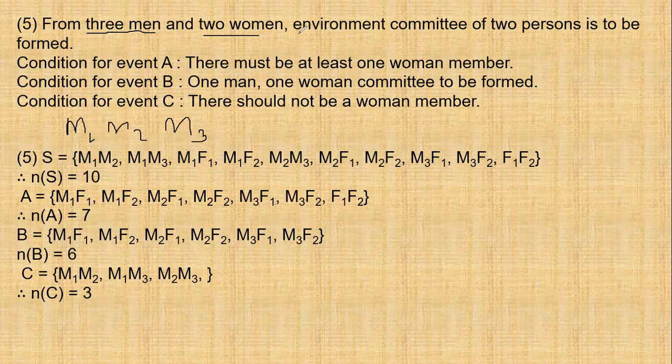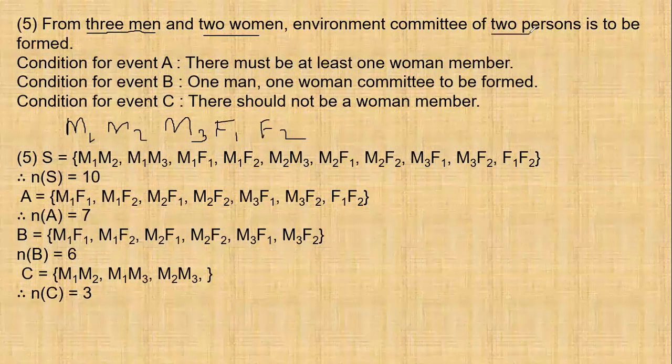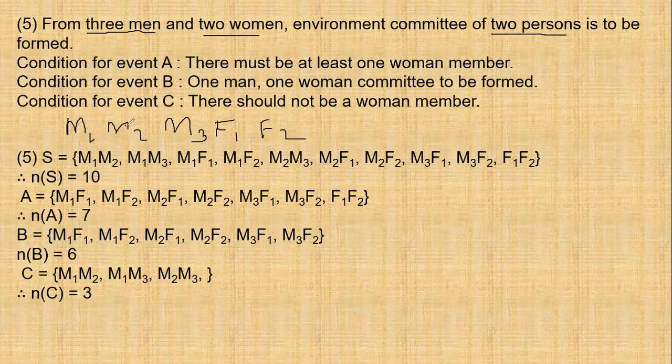Then 2 women, you can take F1 and F2. The committee of 2 persons is to be formed. So all together you have to join 2 persons in the committee.